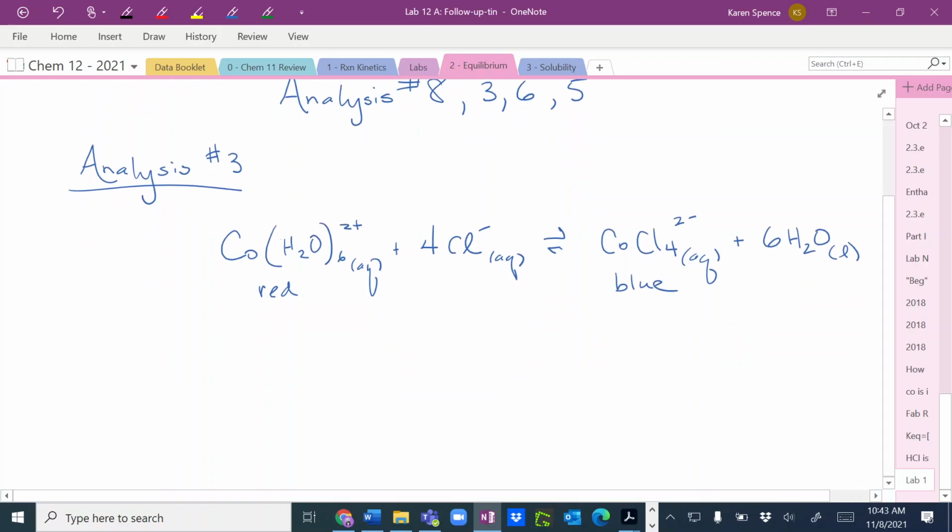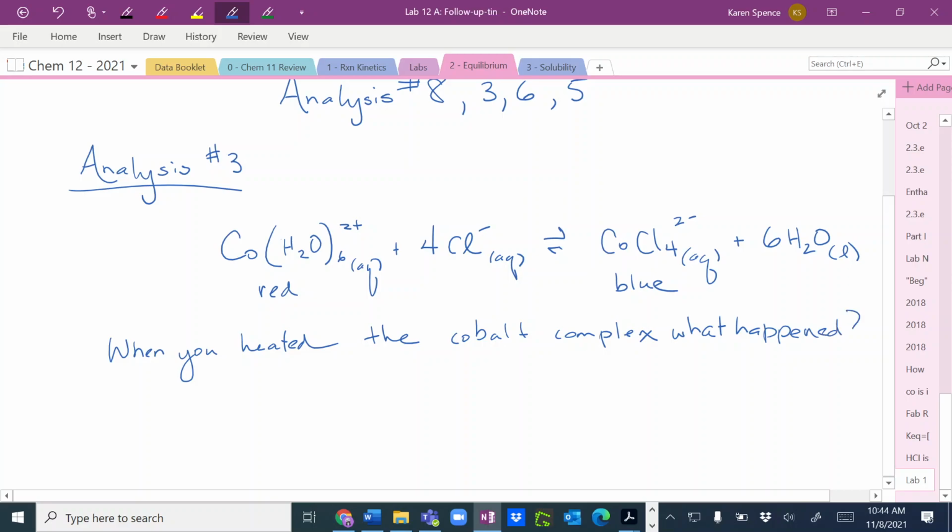All right, so when you heated the cobalt complex, what happened? It turned purple-blue, yes.